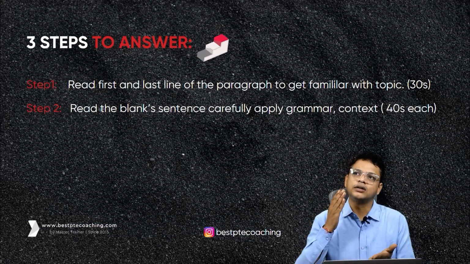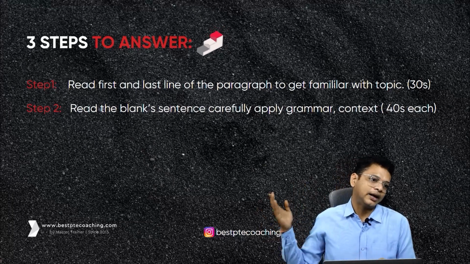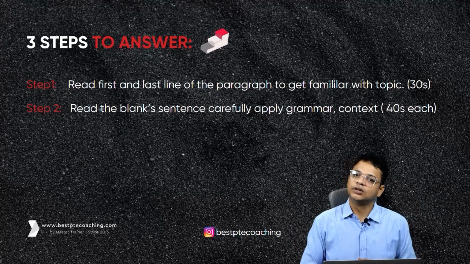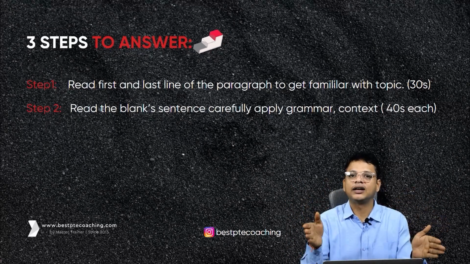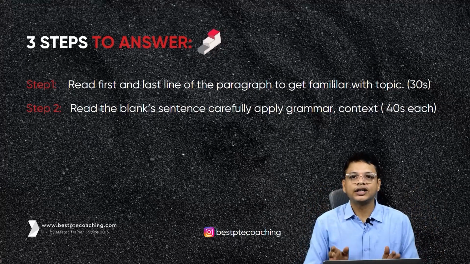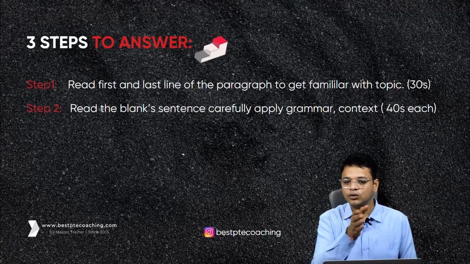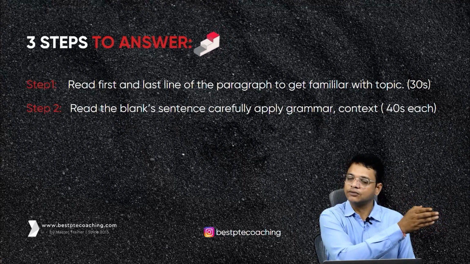So because of these 2 things we will be able to answer the blank. So you read the sentence, you applied grammar, you applied situational vocabulary, not working out, unable to get the correct answer. Do one thing, you only have to spend 40 seconds on one blank. In 40 seconds, if you cannot get the answer, please vacate that blank and go to blank number 2. Blank number 2, again you try for 40 seconds.